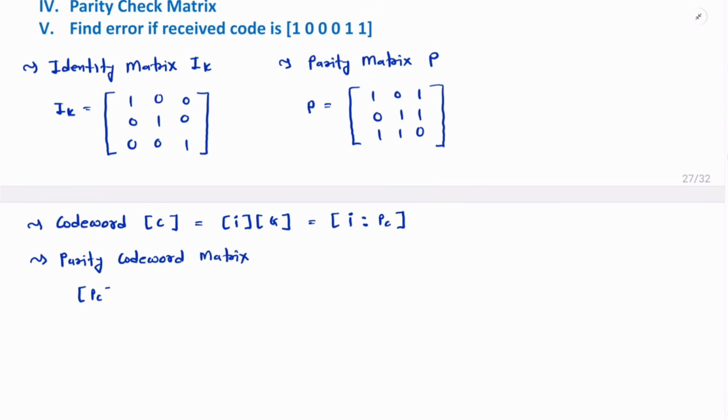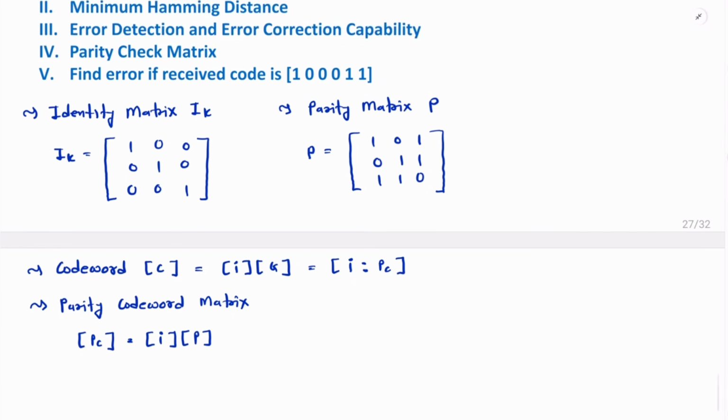PC can be calculated by information times the parity matrix. You can observe here we have the parity matrix, and by multiplying information with parity, one can generate the parity code word matrix. And if you have the parity code word matrix, then one can generate the code word. Sometimes you may be given the information.